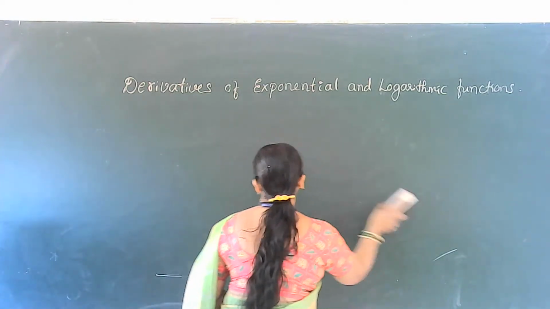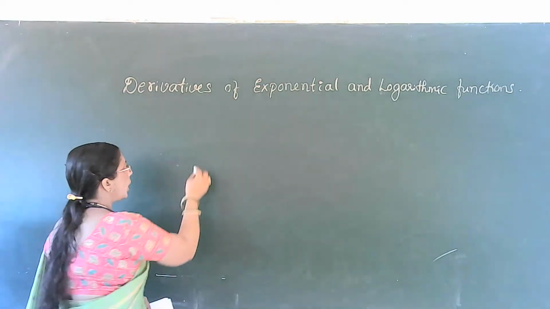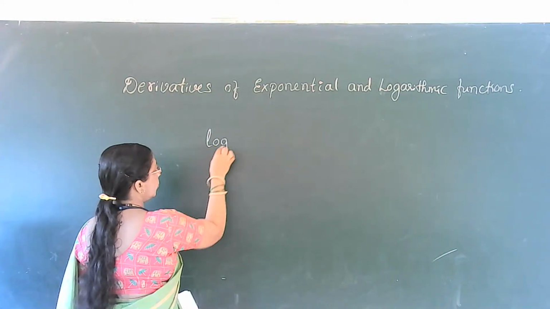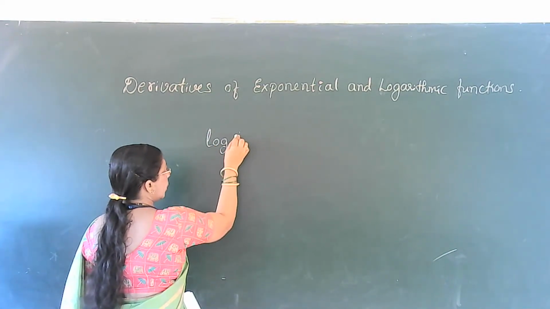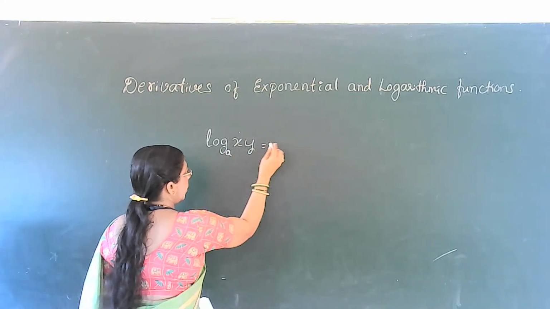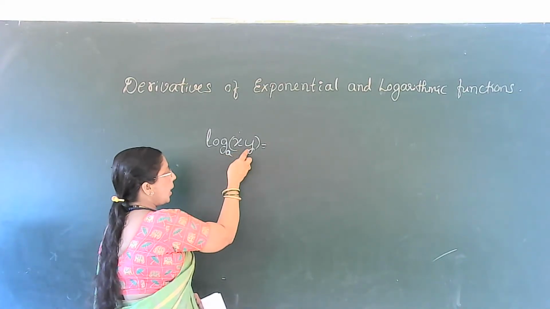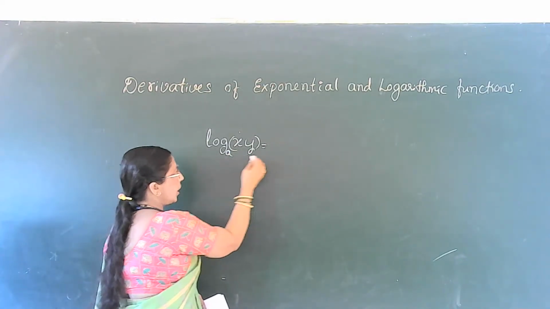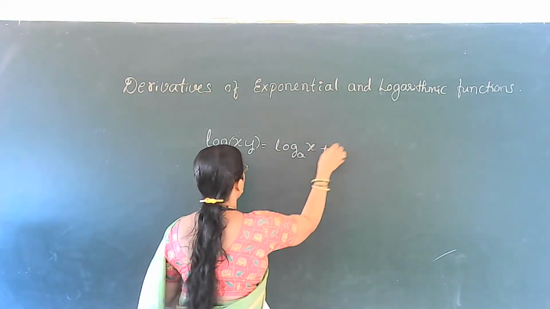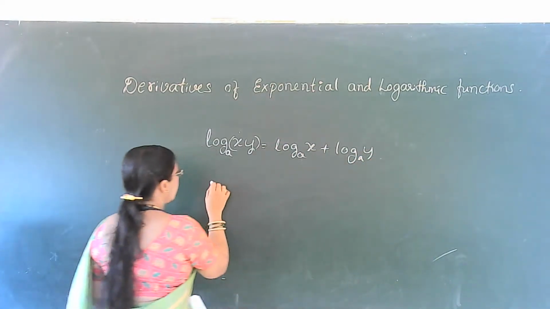We studied some properties of logarithmic functions. Log of x into y to the base a is equal to log of x to the base a plus log of y to the base a.